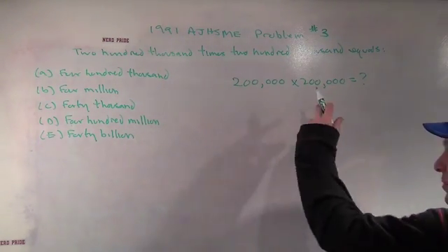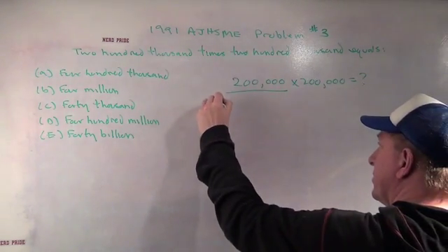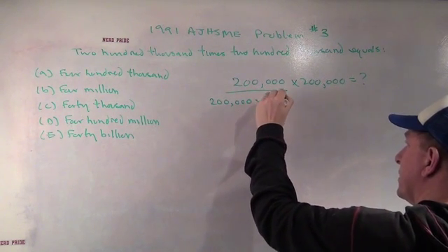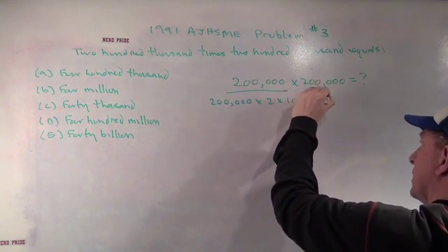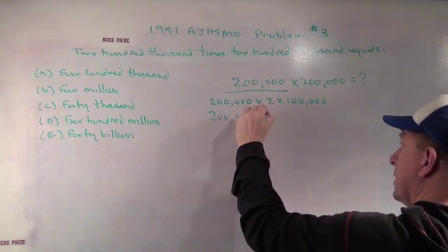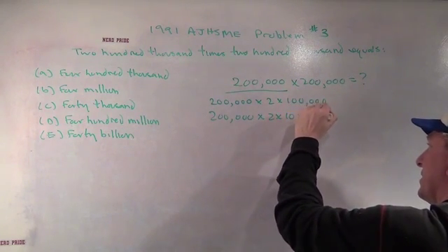So maybe I can break this down into 200,000 times a bunch of 10s. So this is 200,000 times 2 times 100,000, which is 200,000 times 2 times 10 times 10,000.